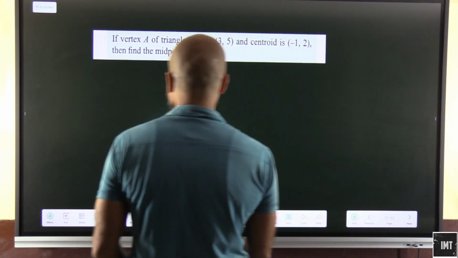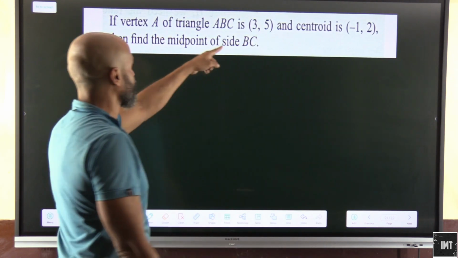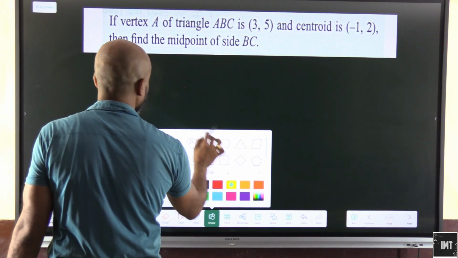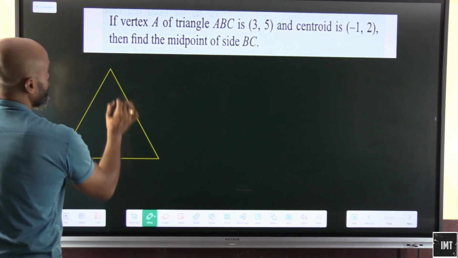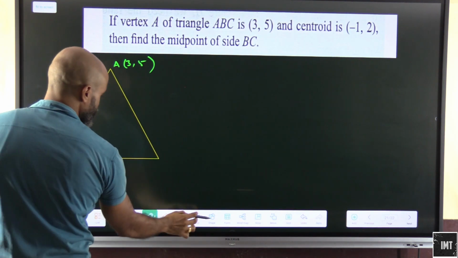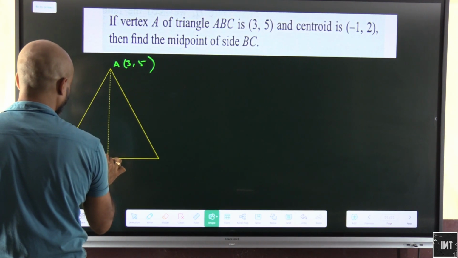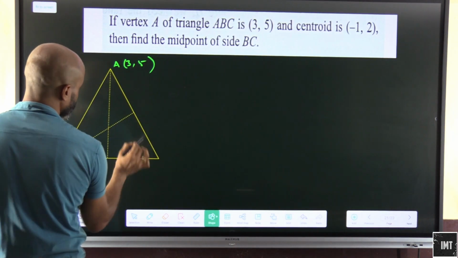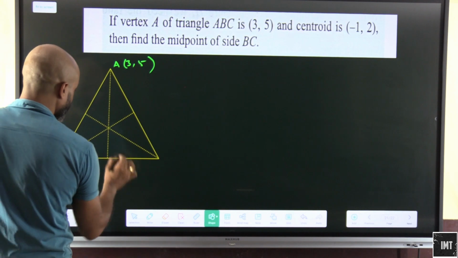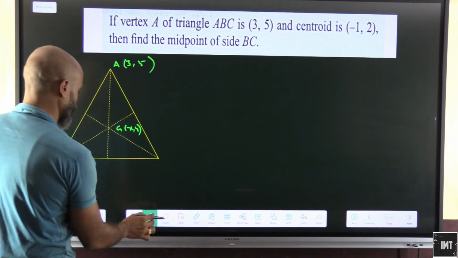Okay. So if the vertex A of a triangle ABC is 3, 5 and its centroid is -1, 2, then find the midpoint of the side BC. So let's say this is vertex A of a triangle, which is 3, 5, and the centroid G is -1, 2.